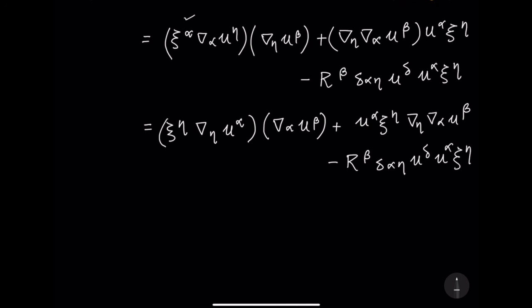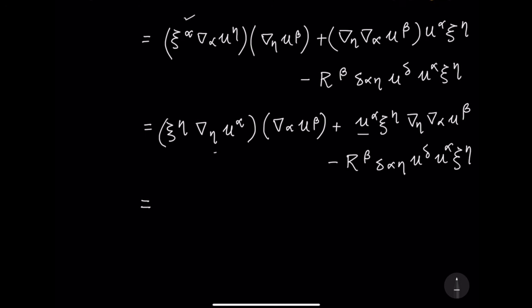Now let's look at the first two terms. What do I have here? You see, I have u alpha outside and the derivative of grad alpha u beta.